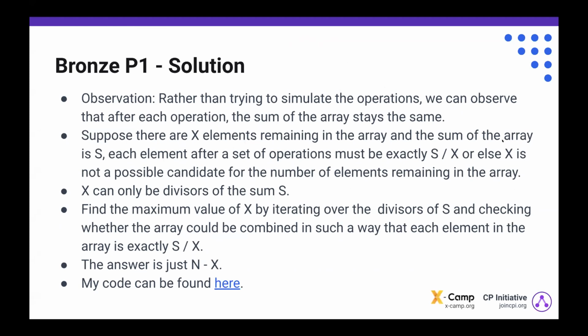So X can only be a divisor of the sum S in order for it to work. So you want to find the maximum value of X by iterating over the divisors of S and checking whether the array can be combined in such a way that each element is equal to S over X. And the answer is just n minus X.